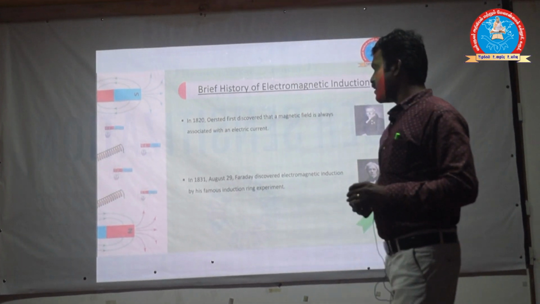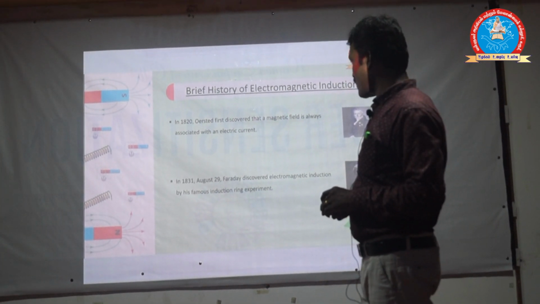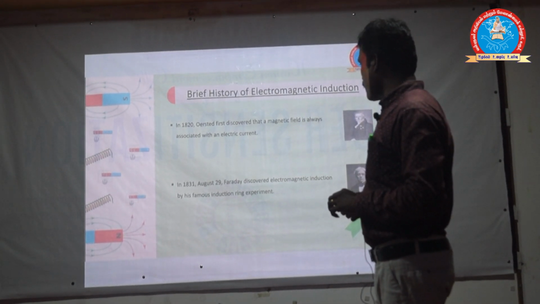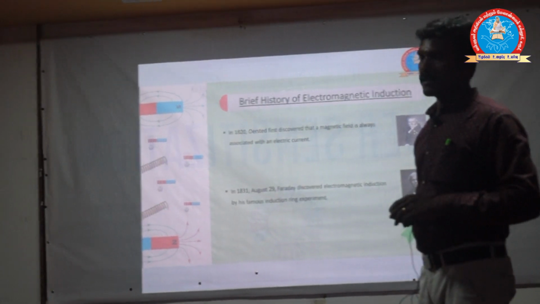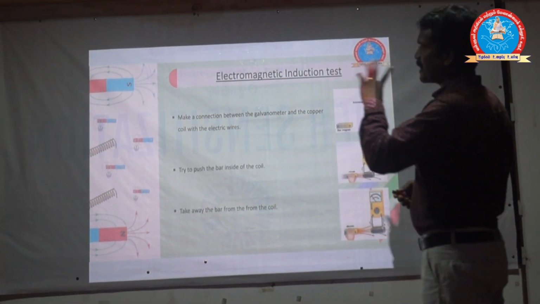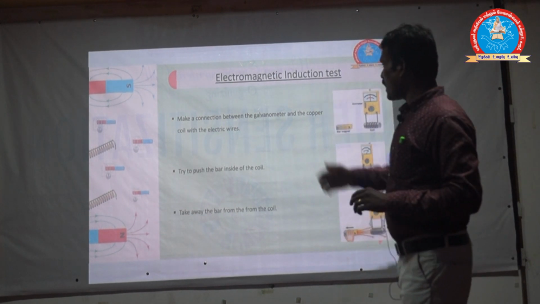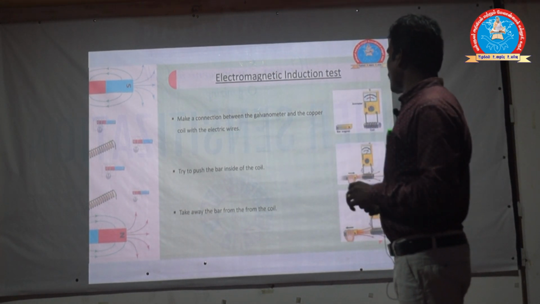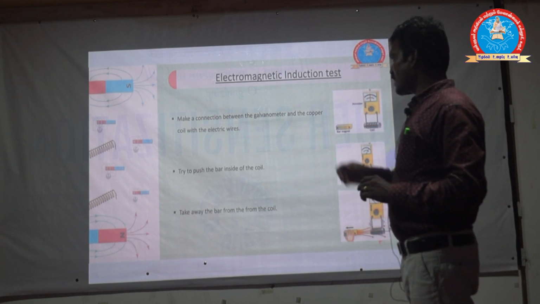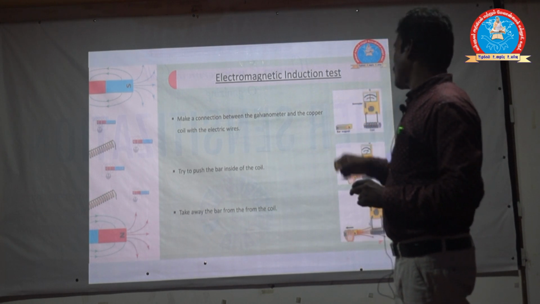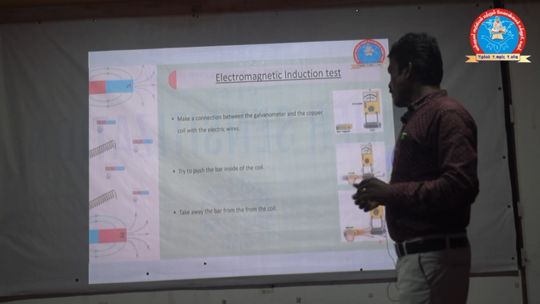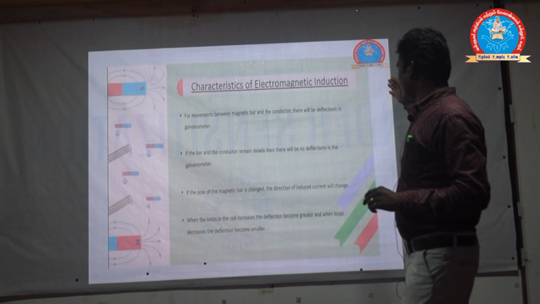In 1831, August 29, Faraday discovered electromagnetic induction by his famous induction ring experiment. In the electromagnetic induction test, they make a connection between the galvanometer and the copper coil with electric wires. We see three images.